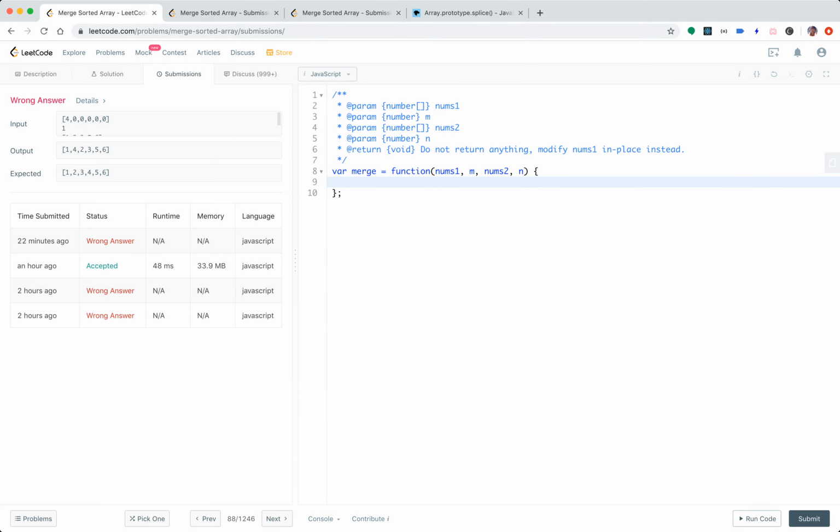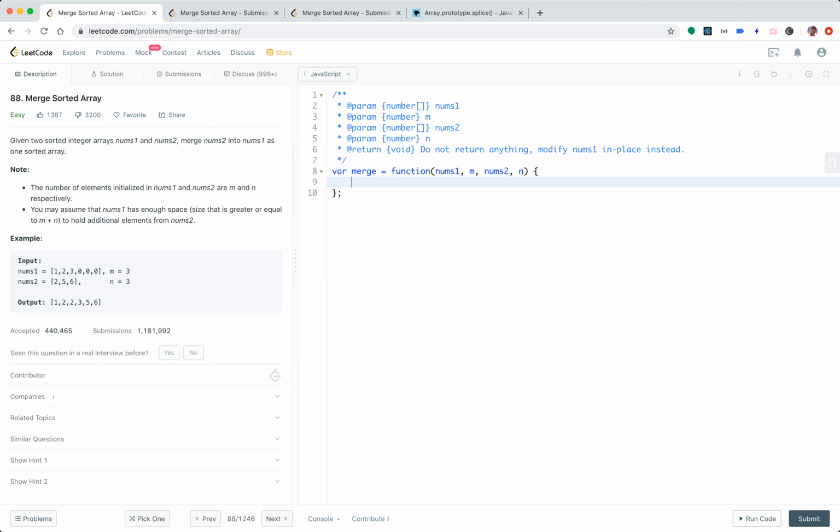We'll just loop through the two arrays and compare the values. So let P1 equal 0, let P2 equal 0. The condition for the while loop is that P2 is smaller than n. The P2 isn't done.